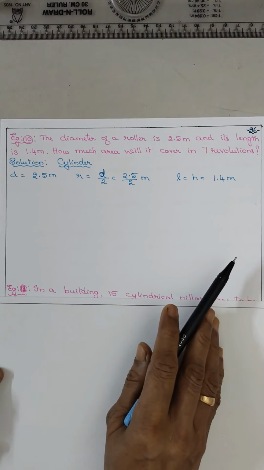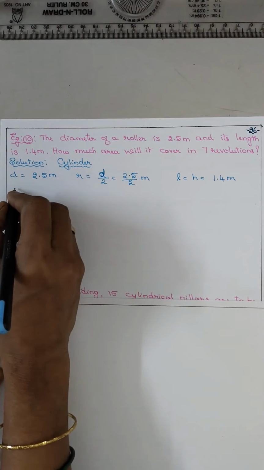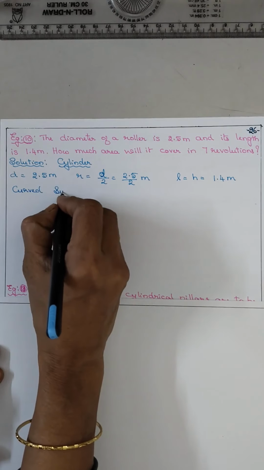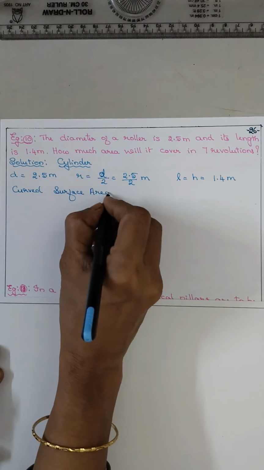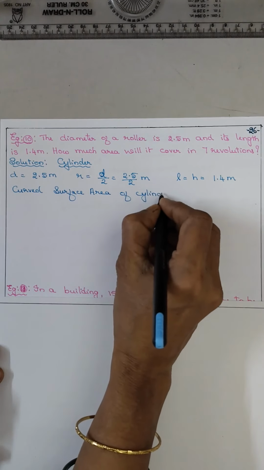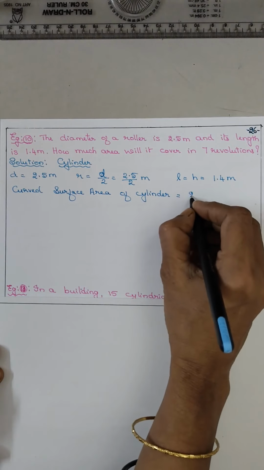Now find out the curved surface area of the cylinder. Now the roller is in the shape of the cylinder. So what is the formula? 2 pi RH.